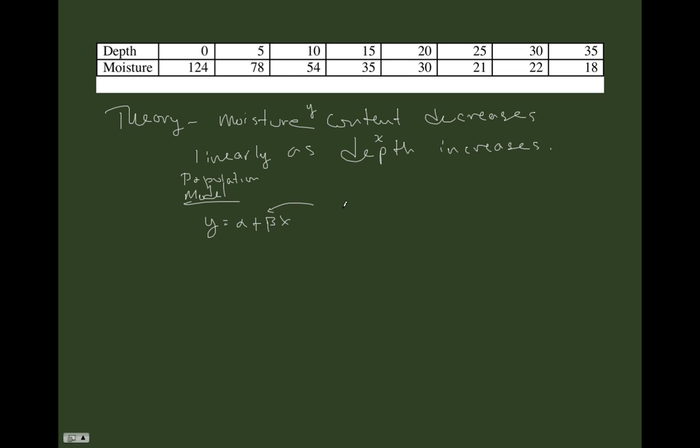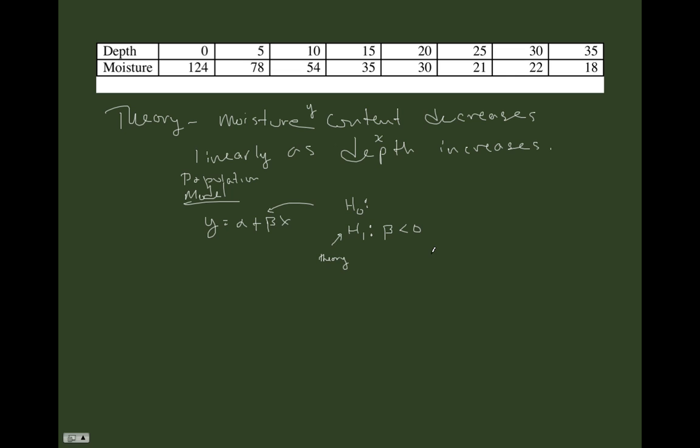As I begin to construct my statistical hypothesis, which is always in two parts, a null H0 and an alternate H1, the theory is going to go into the null. I'm sorry, I said that wrong. I was pointing at the alternate. The theory is going to go into the alternate. The theory is that the moisture content decreases as depth increases. So that means the slope is less than 0.